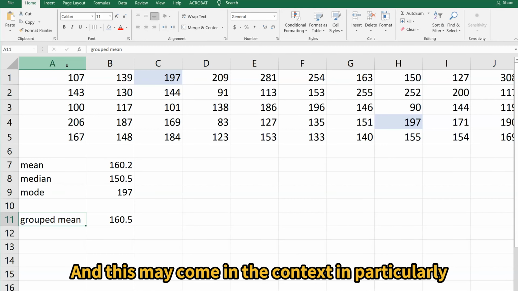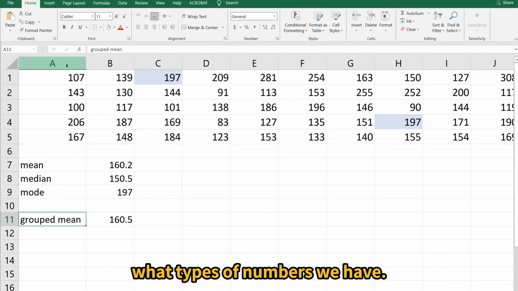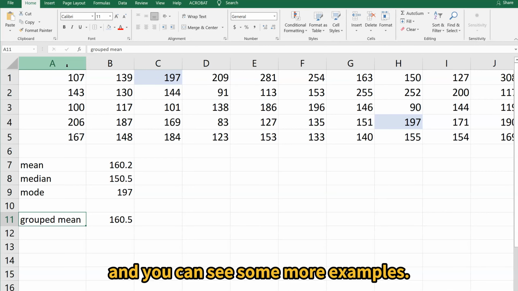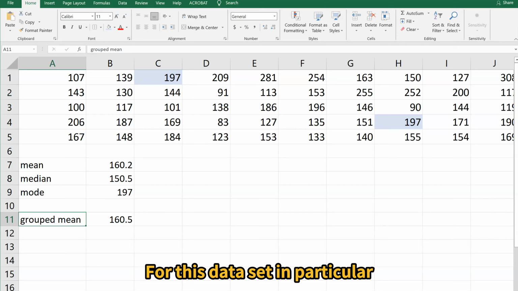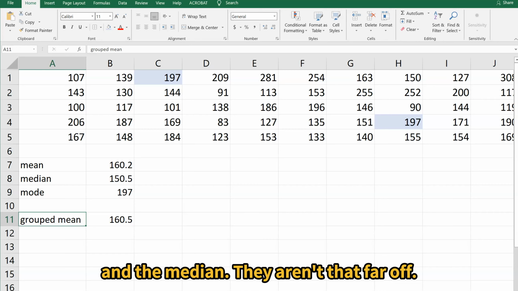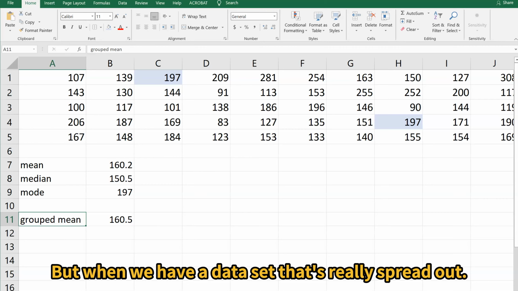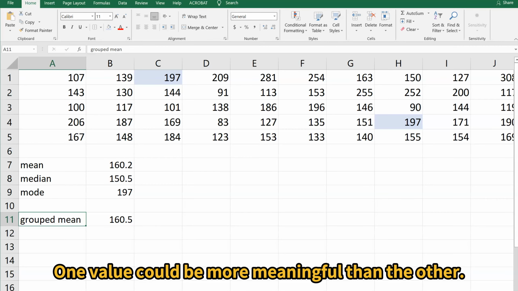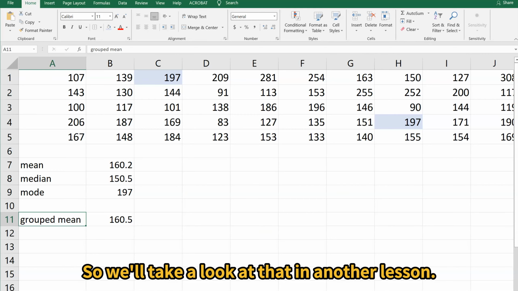And this may come in the context, in particular what types of numbers we have. And you can see some more examples. For this data set in particular, we could possibly make an argument for both the mean and the median. They aren't that far off, but when we have a data set that's really spread out, one value could be more meaningful than the other. So we'll take a look at that in another lesson.